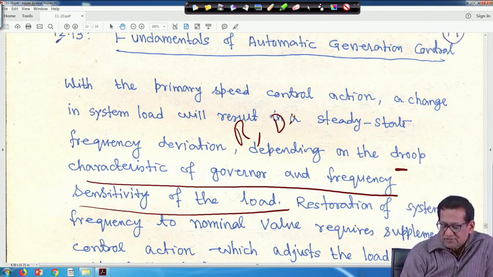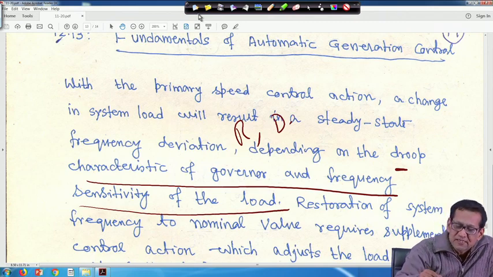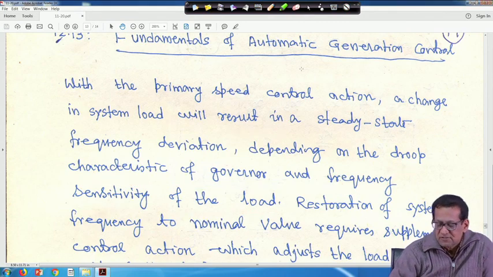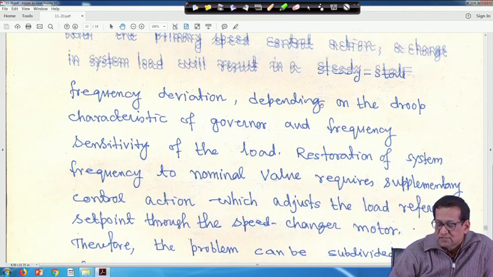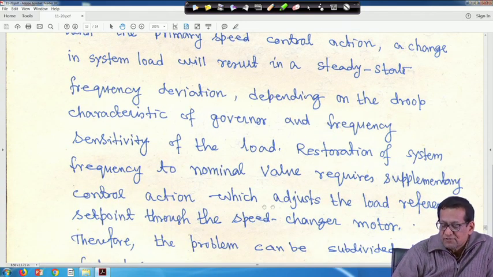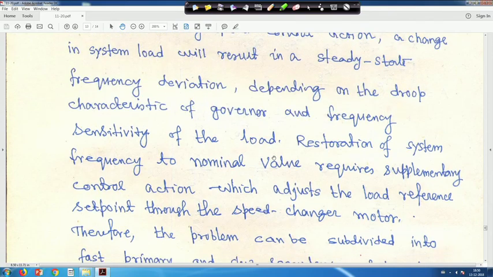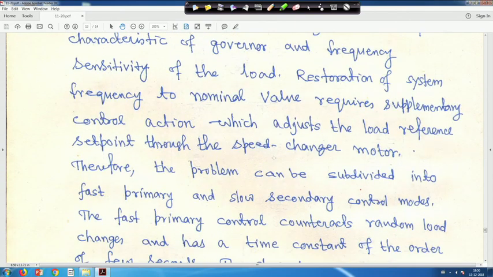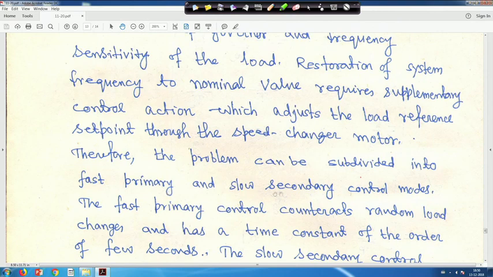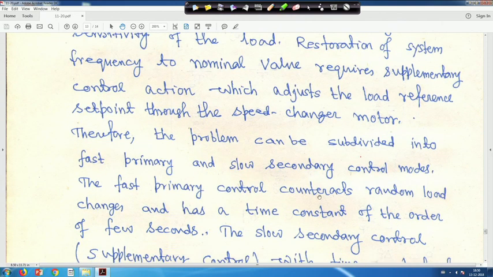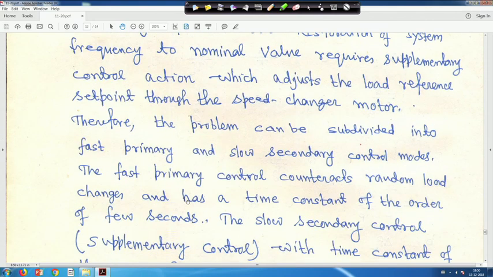So restoration of system frequency to nominal value requires supplementary control action, which adjusts the load reference set point of the speed changer motor. Therefore, the problem can be subdivided into fast primary and slow secondary control modes. The fast primary control counteracts the random load changes and has a time constant of the order of a few seconds.